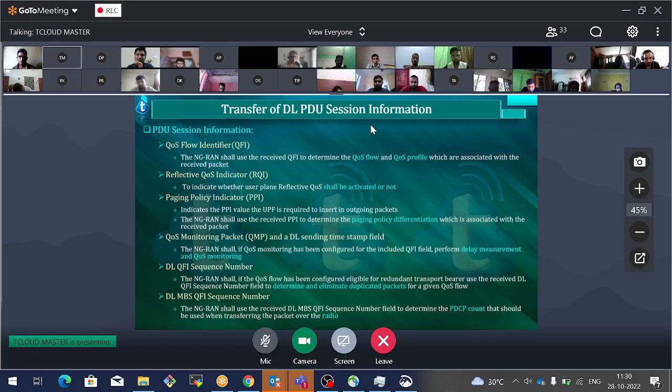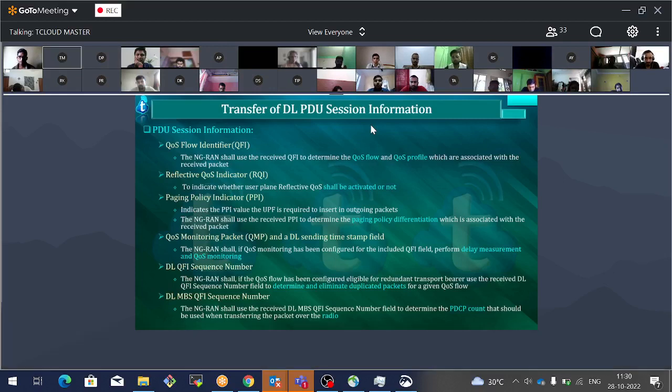In such cases, in order to identify which one is a duplicate and which one is the original, you need to number the packets that you are sending on the QFI flows. Even if the UPF makes a Xerox copy of the data and sends it on two different paths to G-Node B, G-Node B won't send both of them to the mobile.